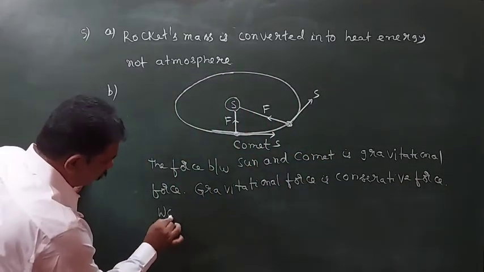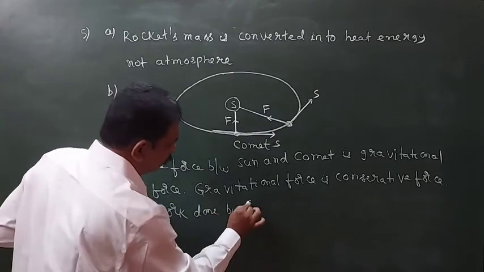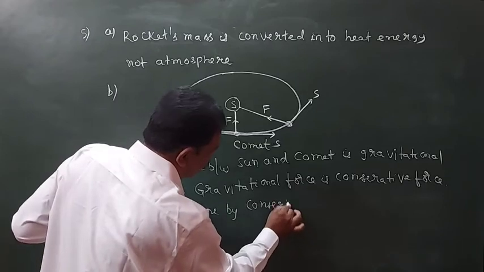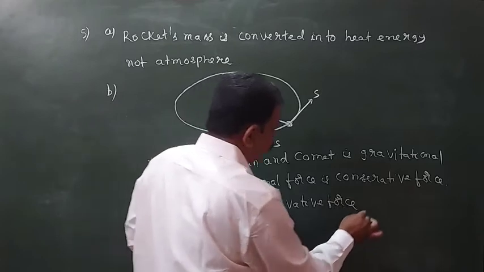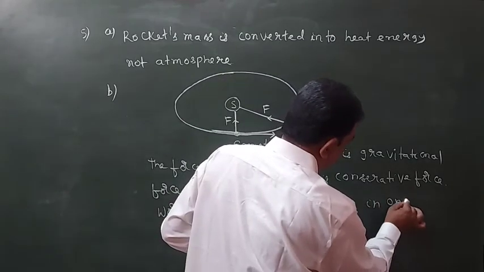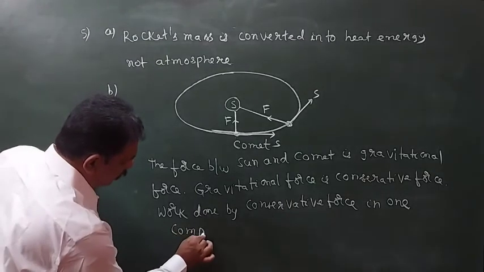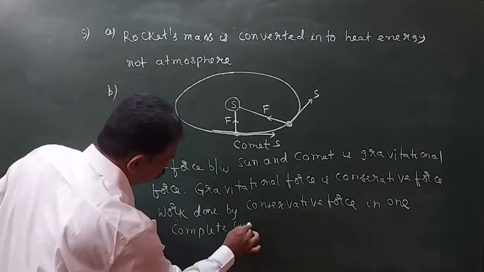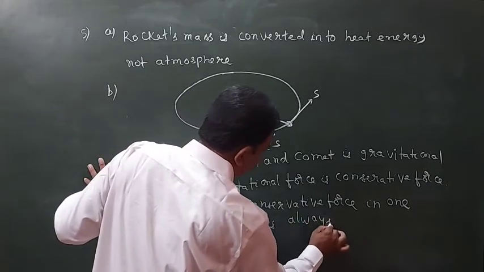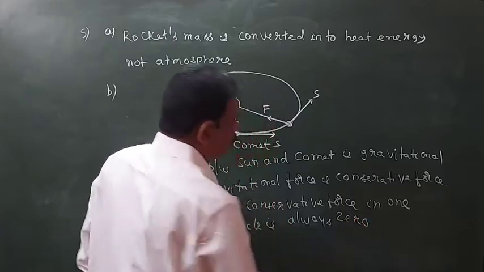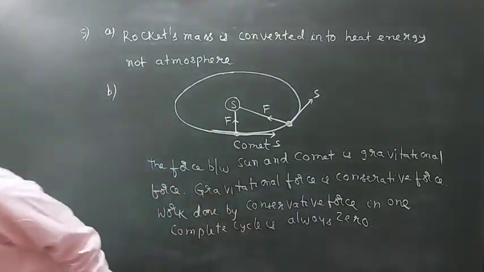Work done by conservative force in one complete cycle is always 0. That's why in this case work done will be equal to 0.